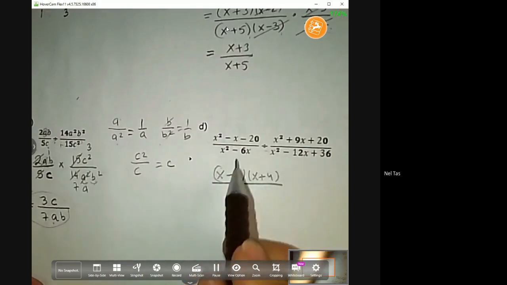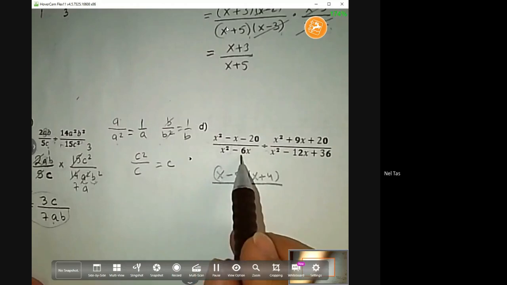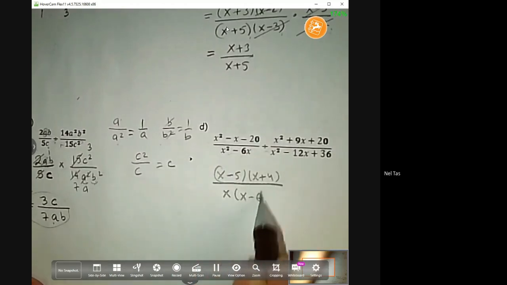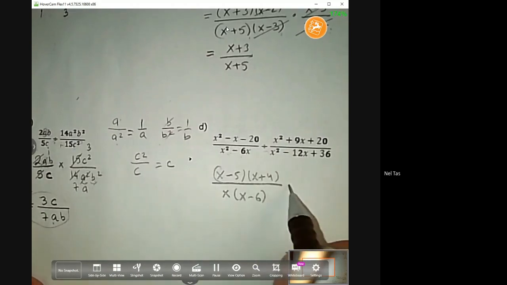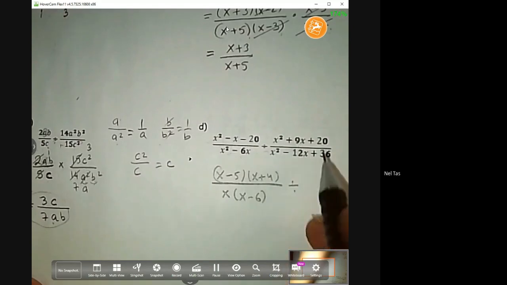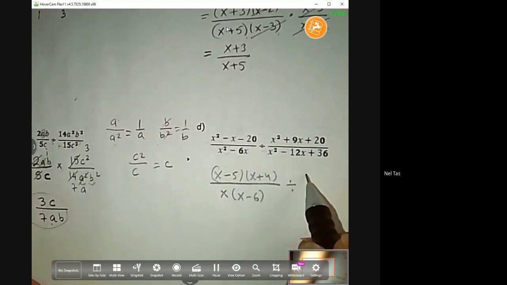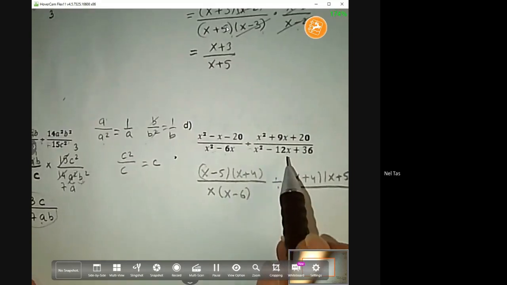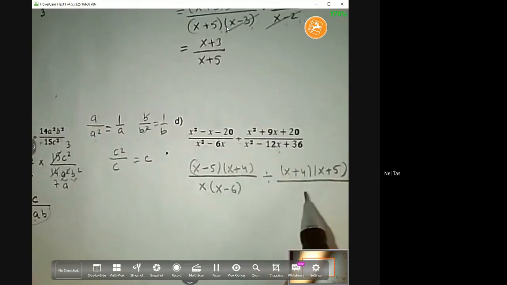If you factor x squared minus 6x, factor x, you get x minus 6. Divided by, now factor this: x squared plus 9x plus 20, x plus 4, x plus 5. Over, this one is a perfect square trinomial. We looked at those kinds of factoring before. This gives you x minus 6 squared.